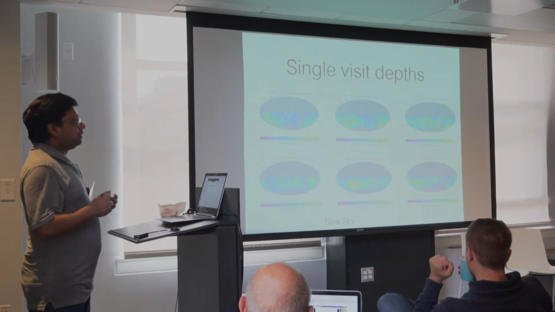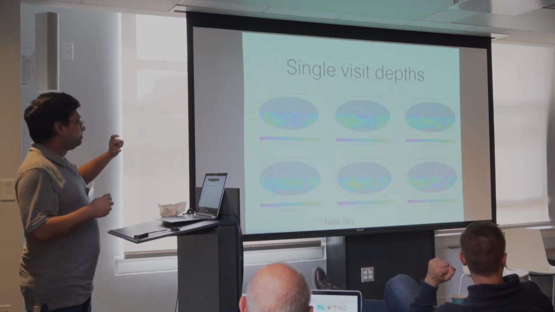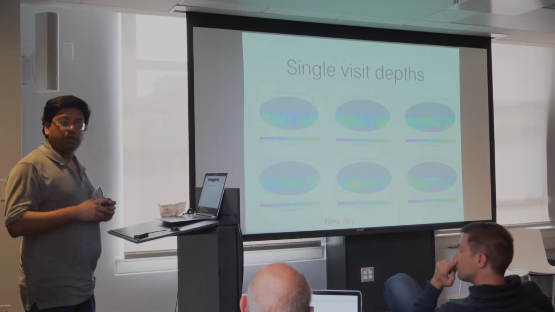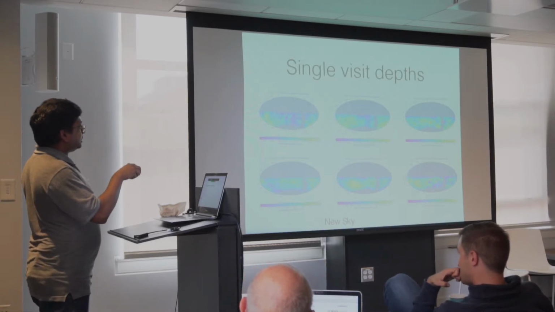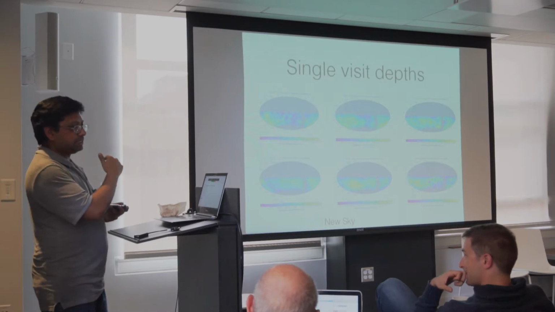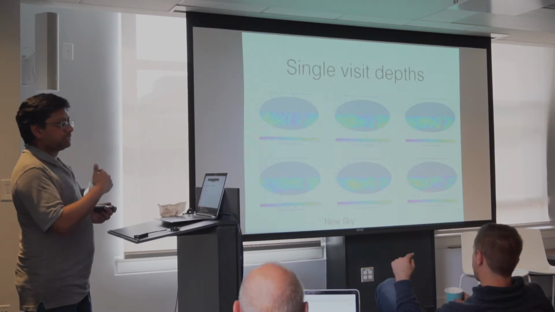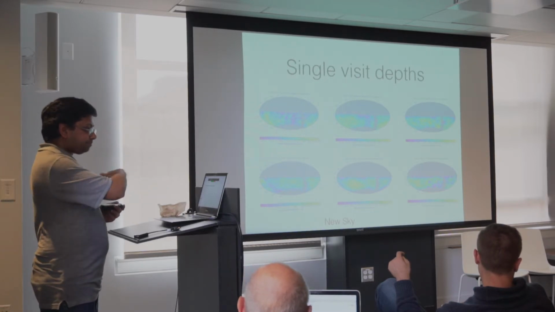The other important thing here is that the co-added depth must be uniform. That's another major constraint, so that when we do things like BAO, galaxies are found at a uniform depth.